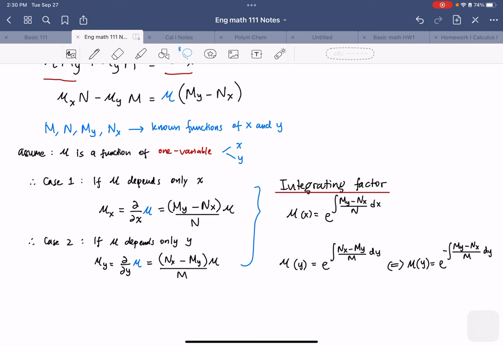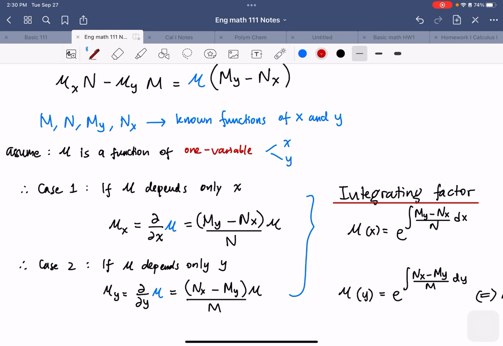Okay, now the problem: how to define case 1 and case 2? It practically depends on the equation. So you may need a little bit of trial. When you try my minus nx over n or nx minus my over m, which one is getting a more defined result, maybe a function of x or a function of y?